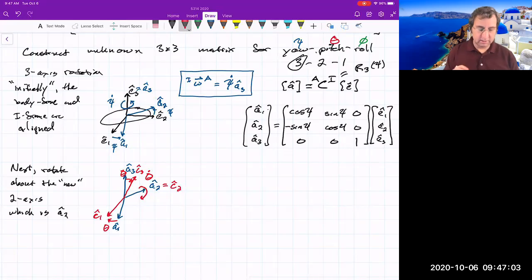So that's a C, it's not an E. And we write the angular velocity. This is the rotation rate of the C frame with respect to the A frame, theta dot, and we could either write the A2 direction or the C2 direction. I'll just write C2.